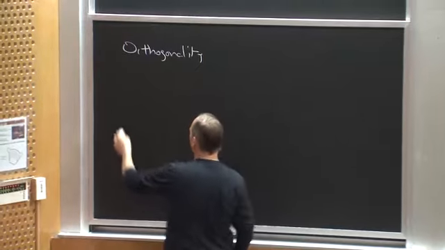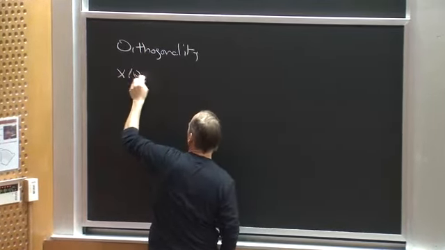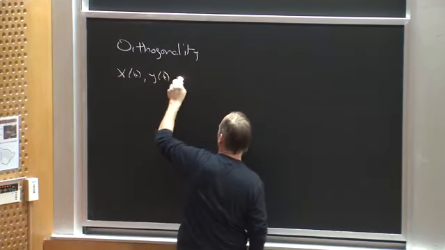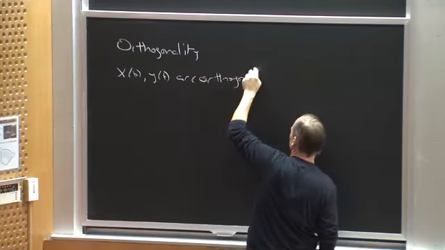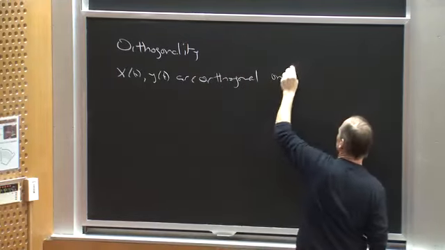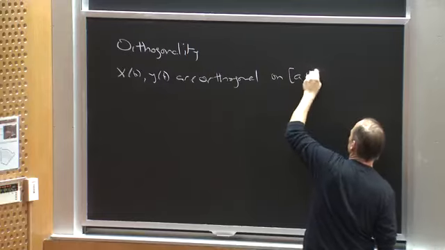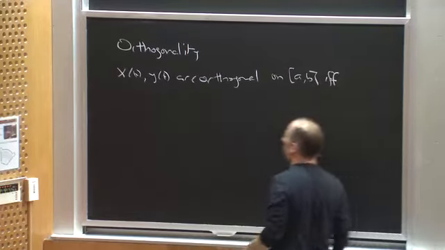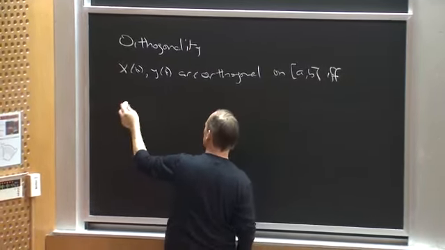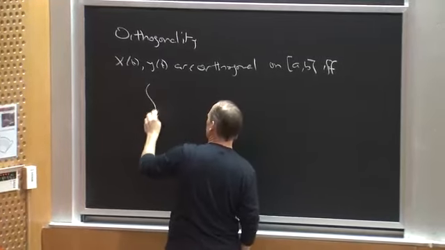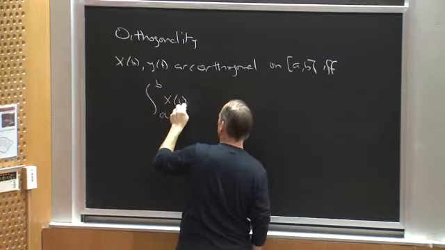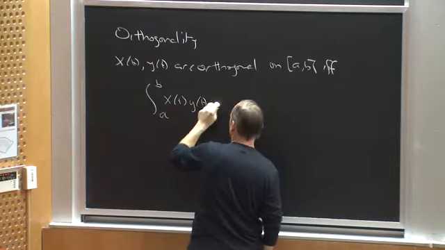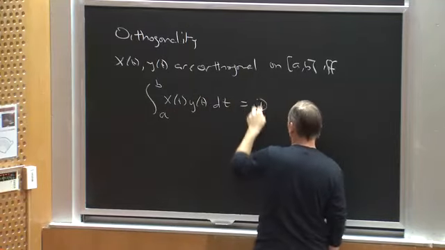Well, two waveforms, x of t and y of t, are orthogonal on an interval if the following: the integral from a to b of x of t times y of t dt is equal to 0.